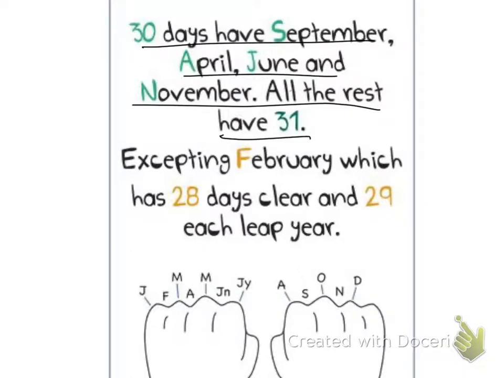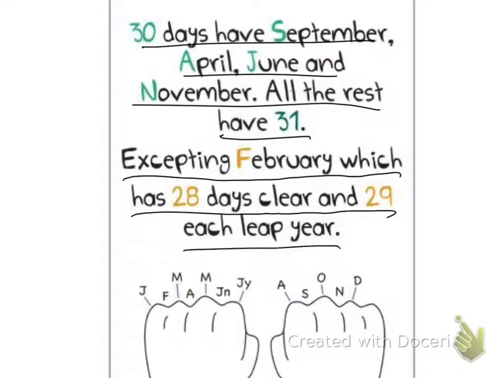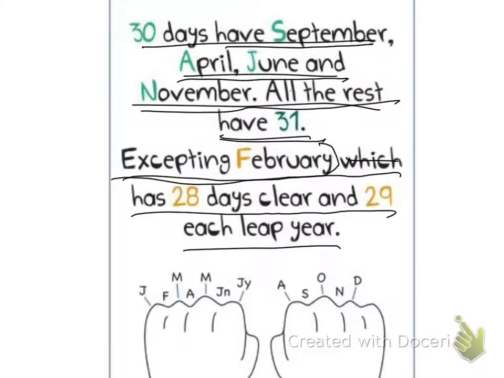All the rest have 31, excepting February, which has 28 days clear and 29 each leap year. So it's a good way to help you remember. Sometimes it helps to cut off this last sentence, and it goes, 30 days have September, April, June, and November. All the rest have 31 except for February, is another way to remember it.